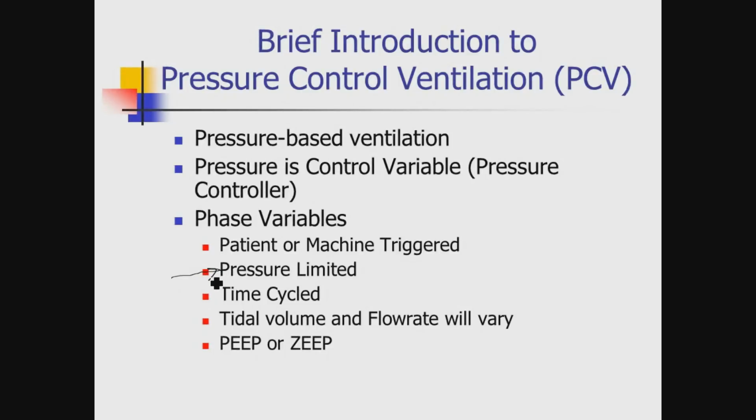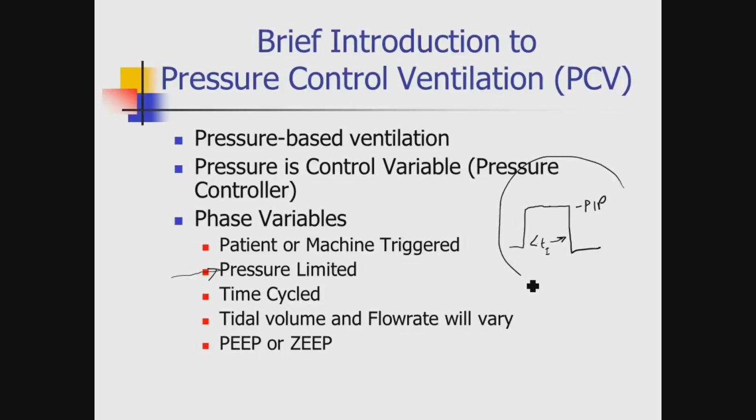It's also the limiting value in the sense that I rise to a target pressure, but it doesn't end the breath. Something else ends the breath, and that something else is time. So I have an inspiratory time and an inspiratory pressure, the two values that I end up setting.